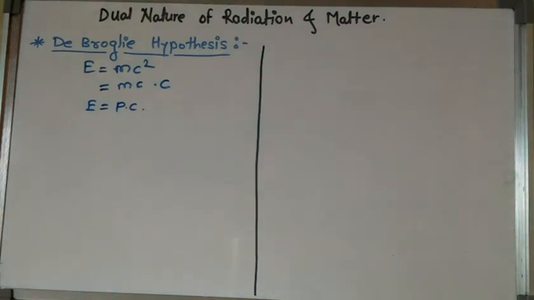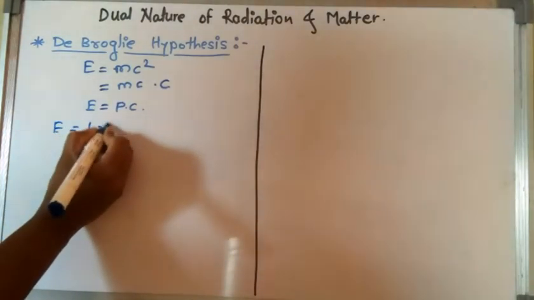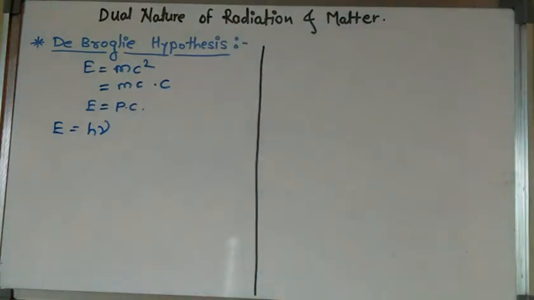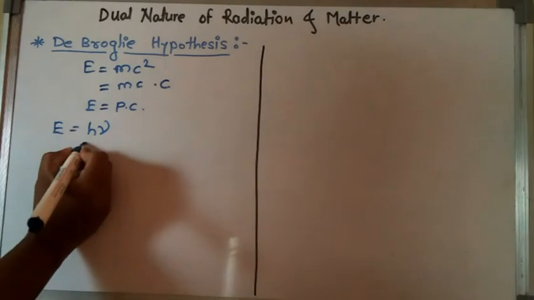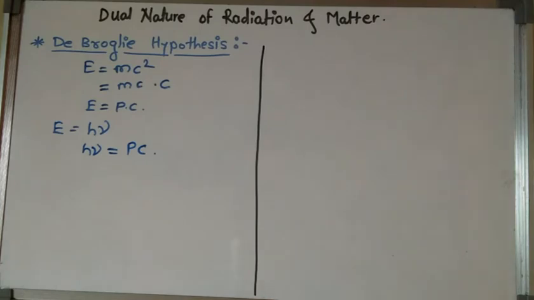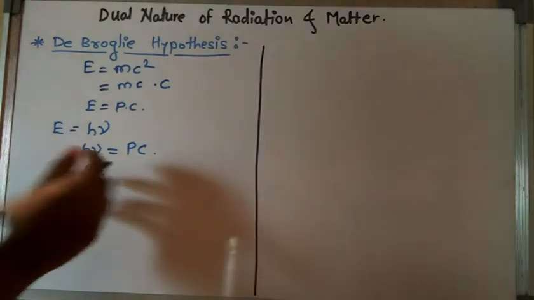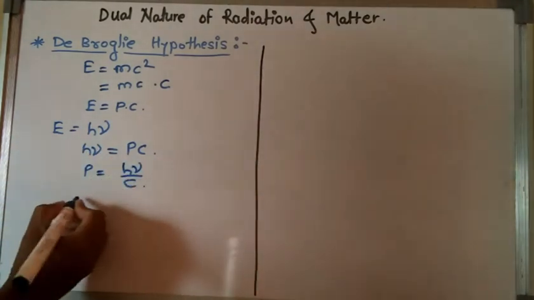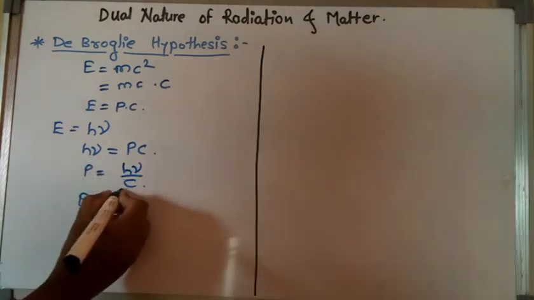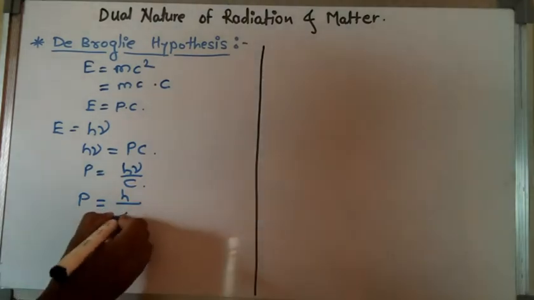Then again, according to Planck, the energy of a photon is equal to h into nu, where h is the Planck constant and nu is the frequency of that radiation. Using this equation, in the above equation we can write h nu is equal to pc, and therefore this momentum p is equal to h nu divided by c, that is equal to h upon lambda.